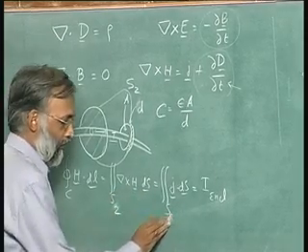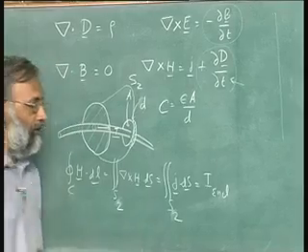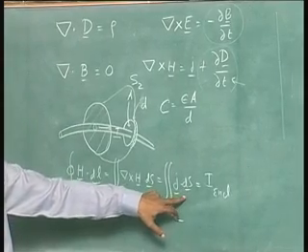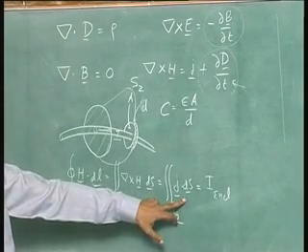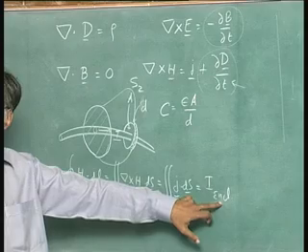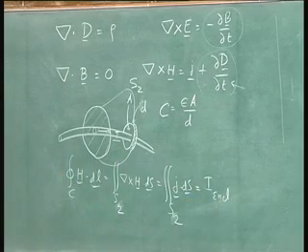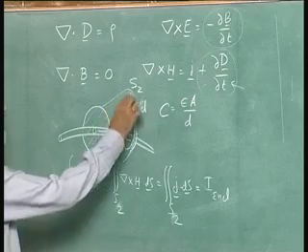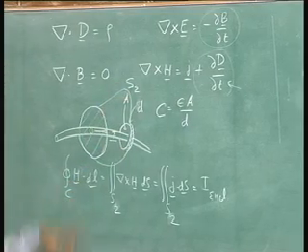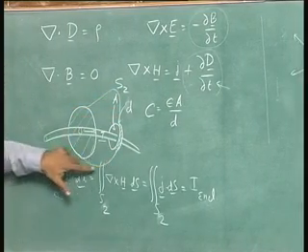It is equal to the integral over S2 of J dot ds, that is what Ampere's law says, is equal to I enclosed, but there is no current enclosed, because on that surface there is no current flowing at all. There is no current flowing here because it is air.